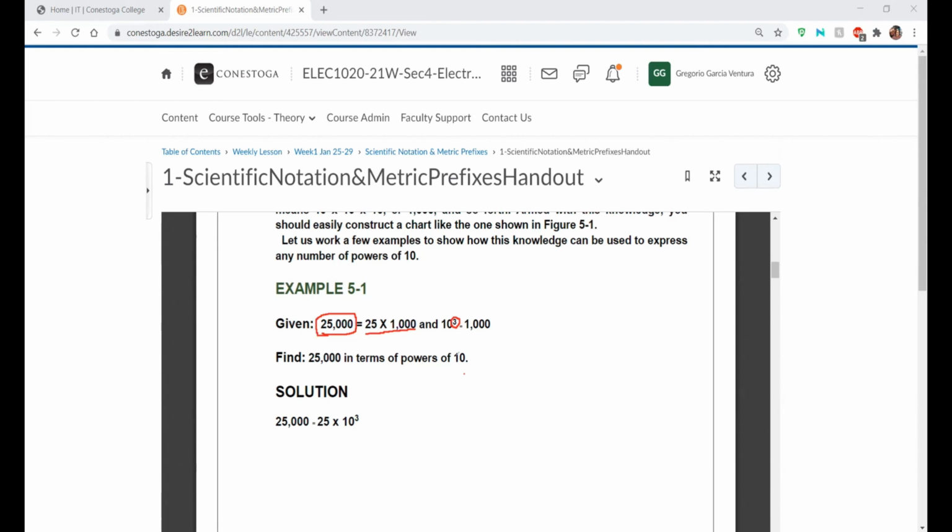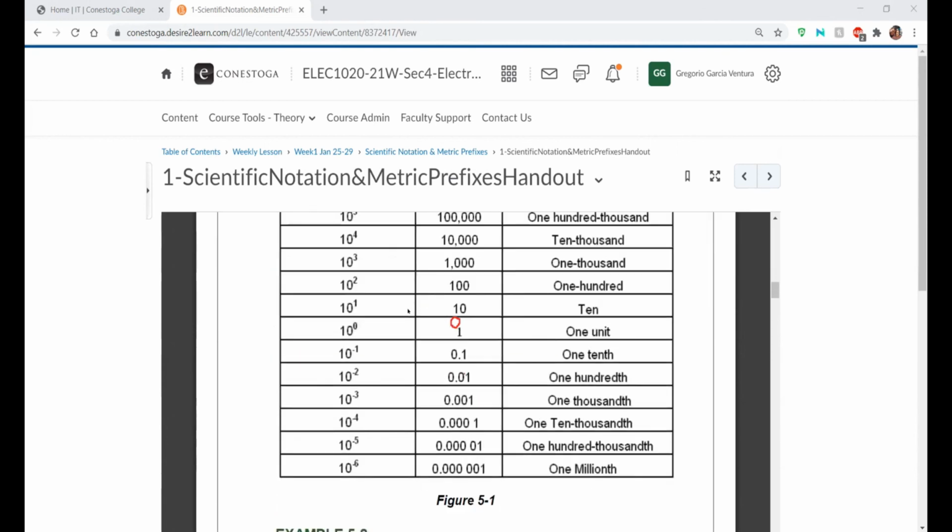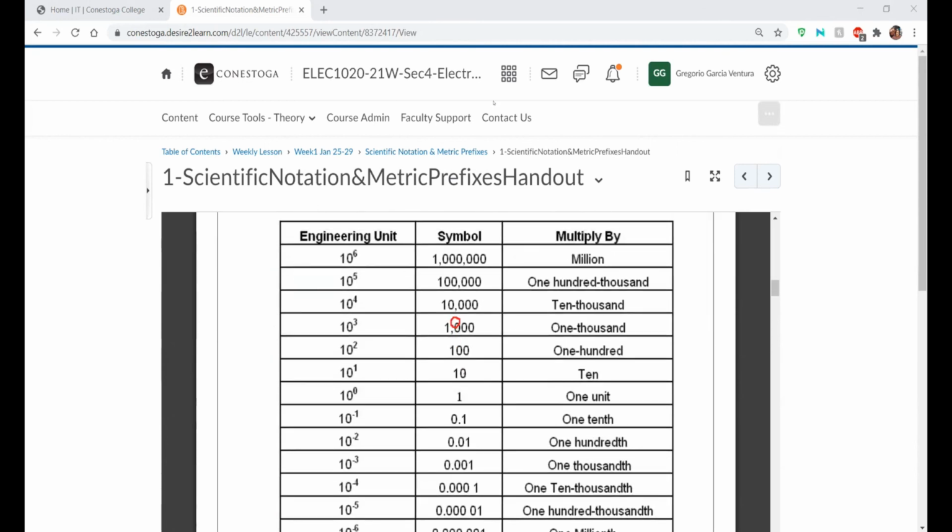Now, it is important to know and to see, let me erase all this here, this other table that we have right here at the bottom.